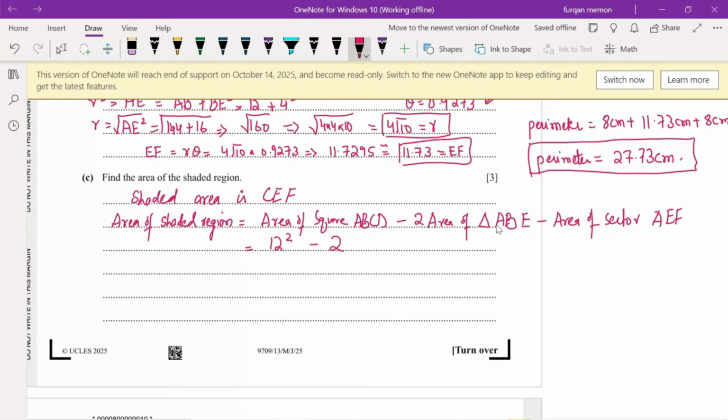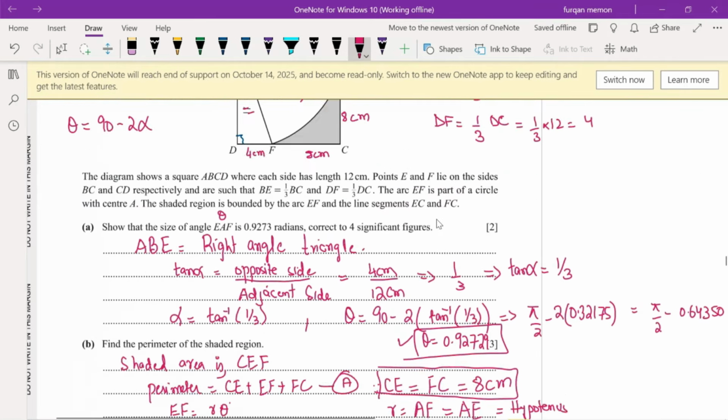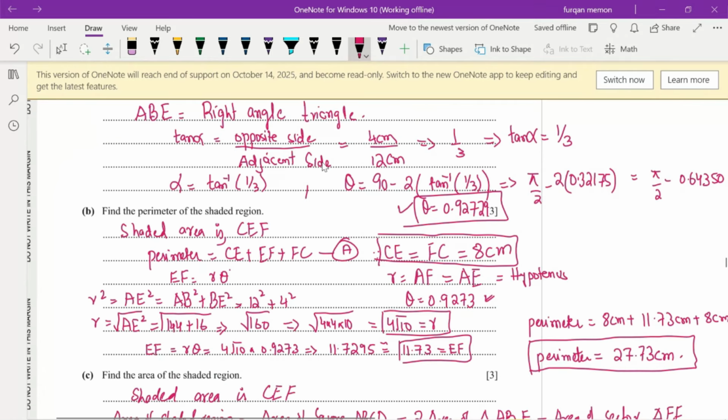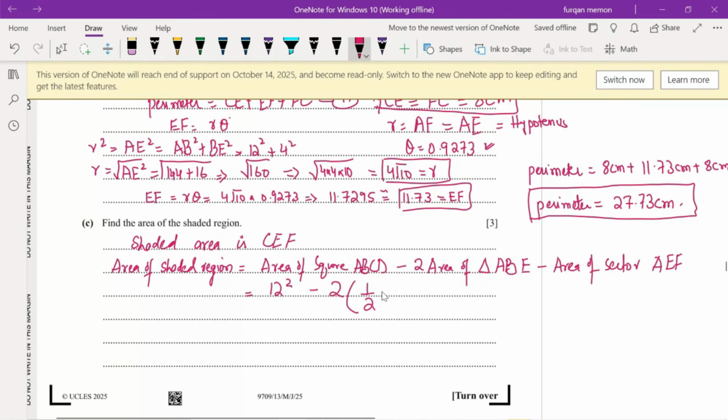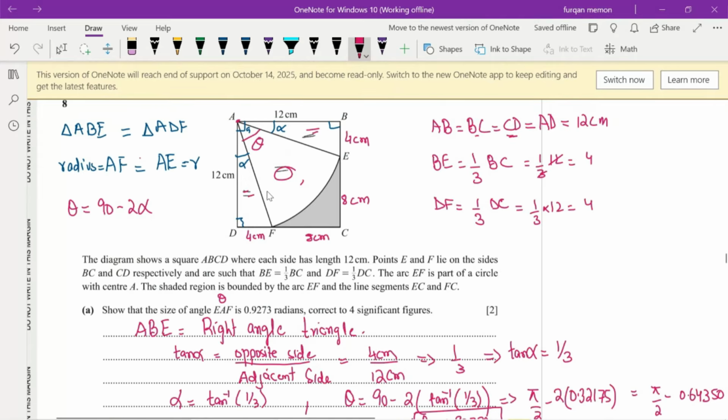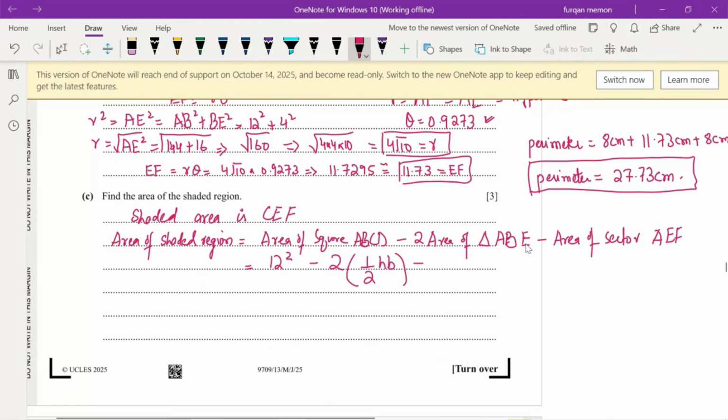the area of the right angle triangle which is ABE. Area of right angle triangle ABE is 1 over 2 multiplied by height and base, minus the area of the sector, which is part of the circle. Area of the sector is 1 over 2 r square theta.